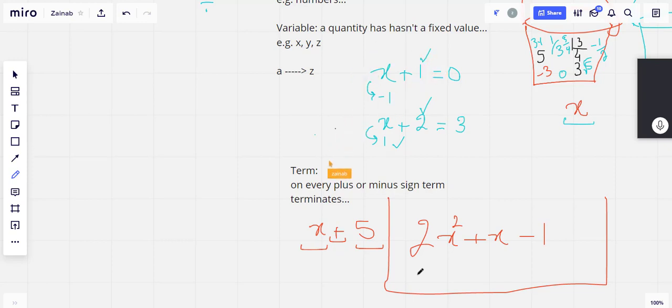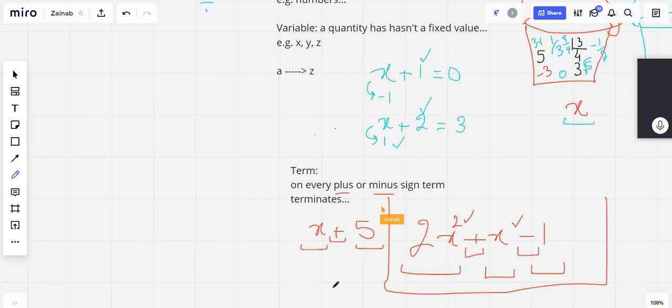Alright, so you just need to look at the plus and minus signs. One plus sign is here and one negative sign is there. So the first term ends here, the second term ends here, and this is the third term. So we have 2x squared as our first term, x as our second term, and negative 1 as our third term.